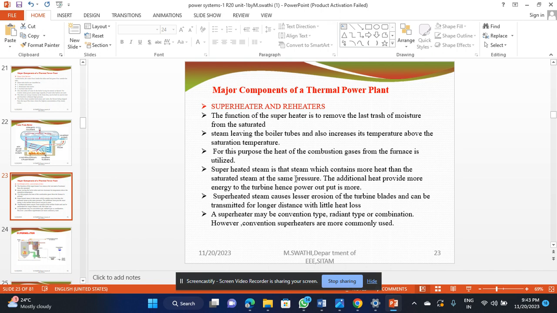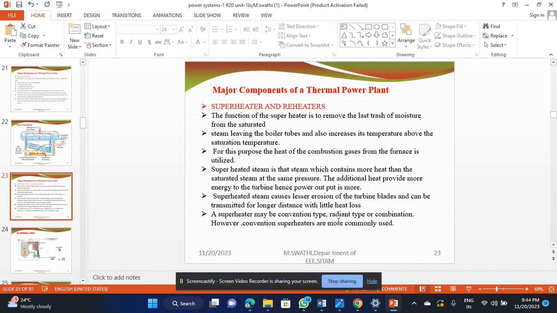Superheated steam is steam which contains more heat than saturated steam at the same pressure. The additional heat provides more energy to the turbine, hence the power output is more. Superheated steam causes lesser erosion of the turbine blades and can be transmitted over longer distances with little heat loss.